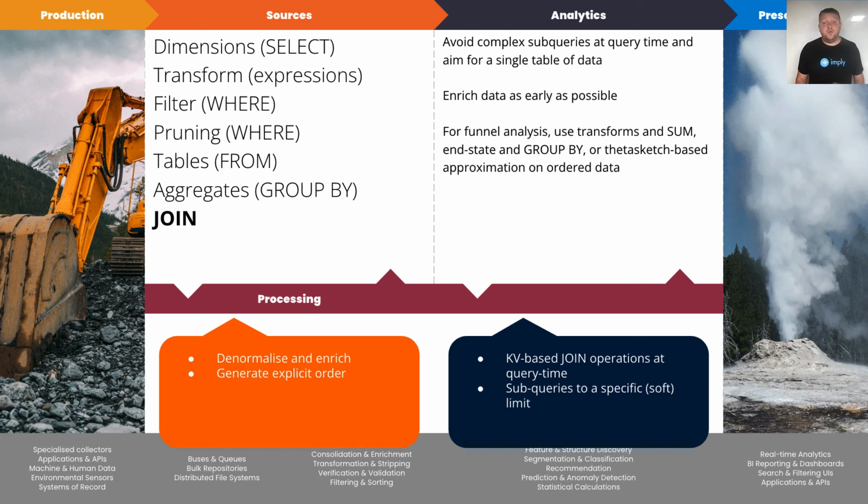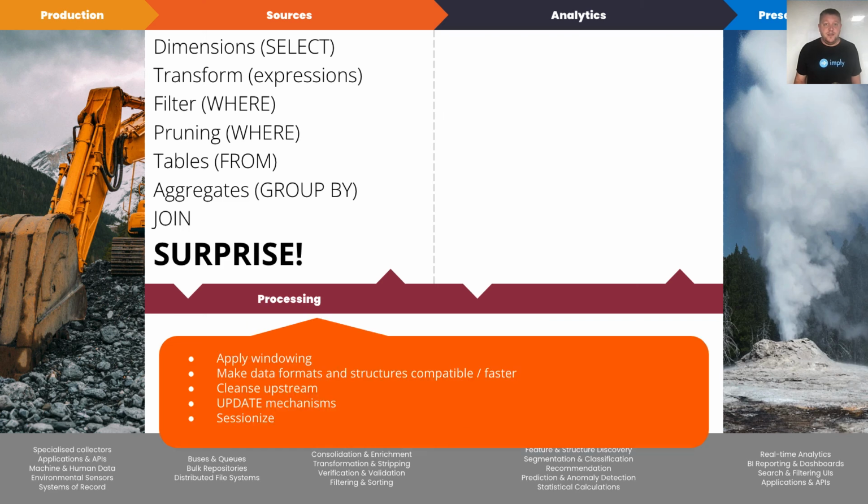Funnel analysis is one of those places where this definitely applies, and by using a technique that's like those given on this slide, combined with providing data to Druid that's explicitly in funnel order already, you can make your funnel UI awesome and fast. Surprise!